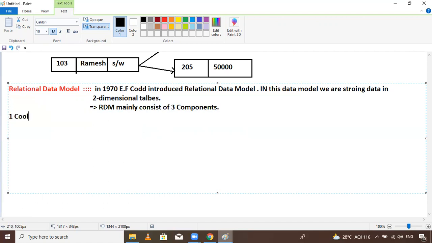First is a collection of objects. Second is a set of operators. Third is a set of integrity rules.